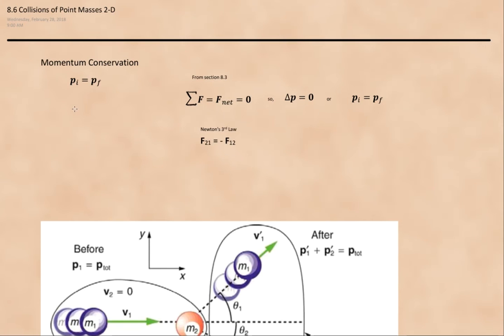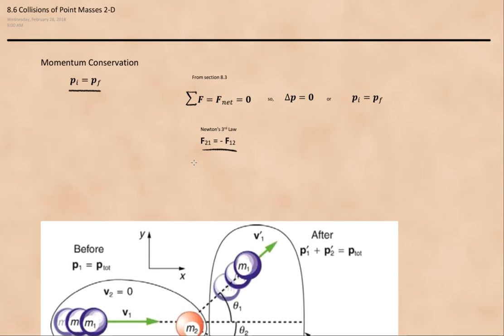Chapter 8, Section 6 deals with collisions of point masses in two dimensions. In a collision, we have momentum conservation. Initial momentum of the system equals the final momentum of the system, or momentum before the collision equals momentum after the collision. This comes from the fact that during a collision, there are no external forces, no net forces on the system, and that comes from Newton's third law.